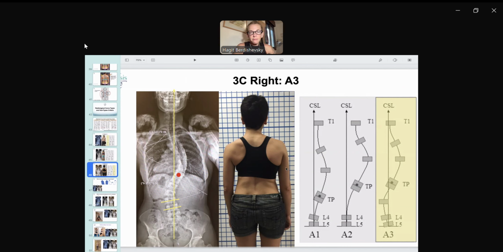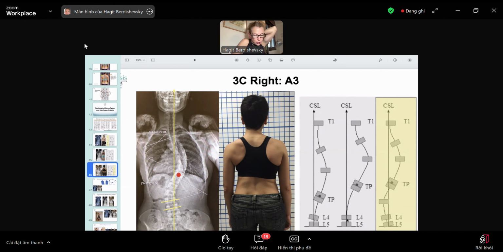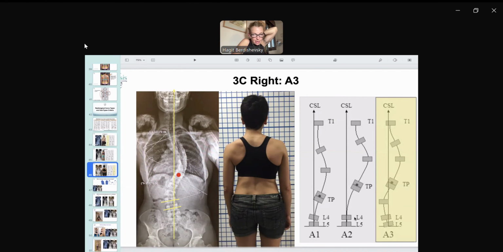But you see that really only one type out of the three subtypes of 3C has a lumbar. So you can see that I really don't need to emphasize much on lumbar correction in 66% of 3Cs, and really just focus on the thoracic, maintaining and managing good lumbar stability.